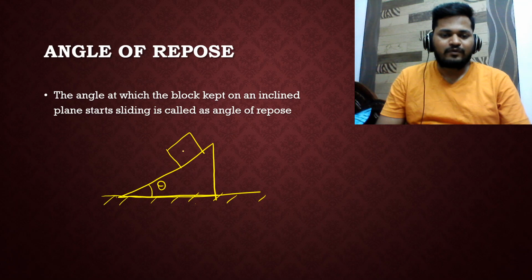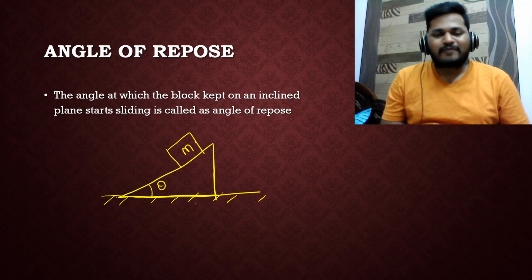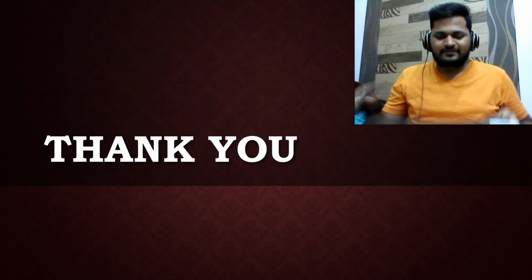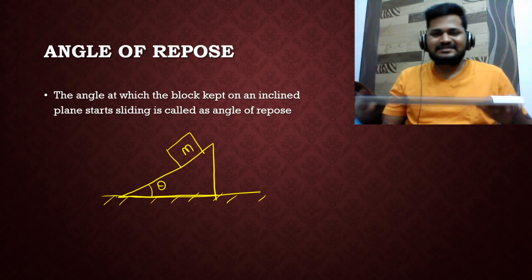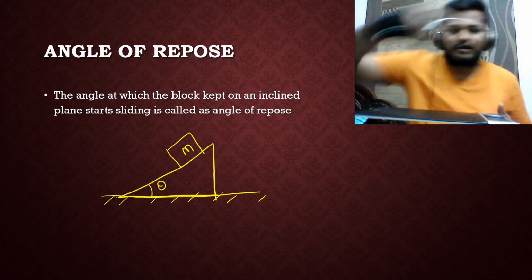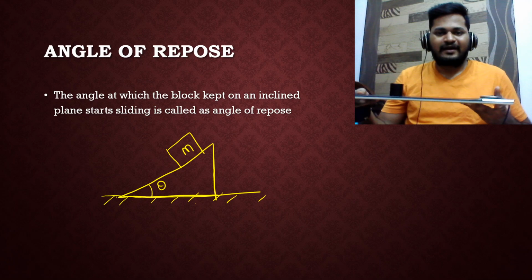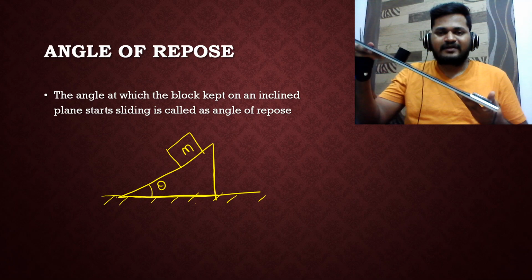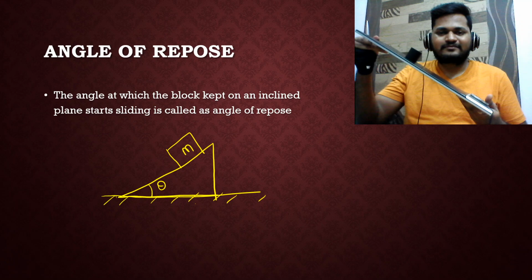Now the maximum angle at which the block is at rest, suppose this is the plane on which I have kept a block, and slowly I started raising the inclination. There is some particular angle at which the block will start sliding, as you can see.